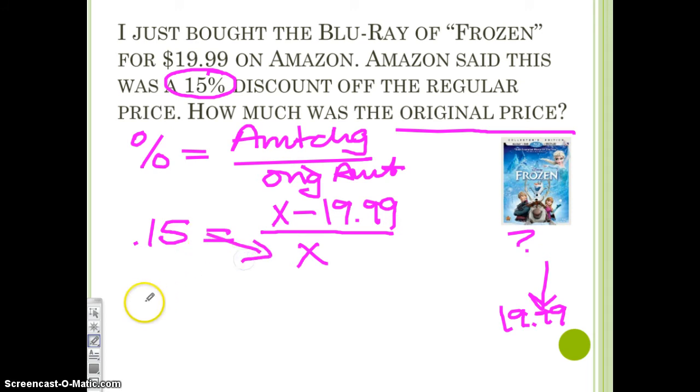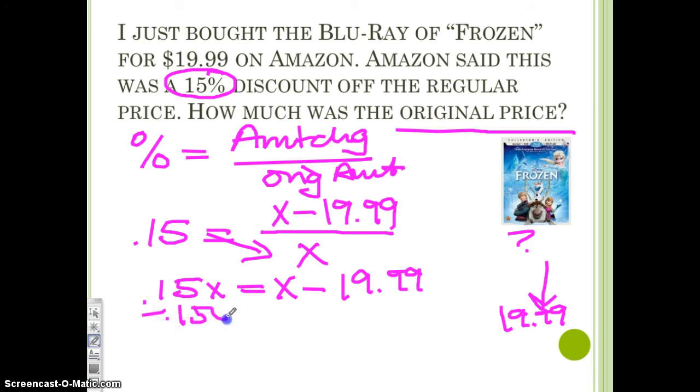When we do so, we get 0.15x is equal to x minus $19.99. I'm going to subtract 0.15x from both sides and add $19.99 to both sides.